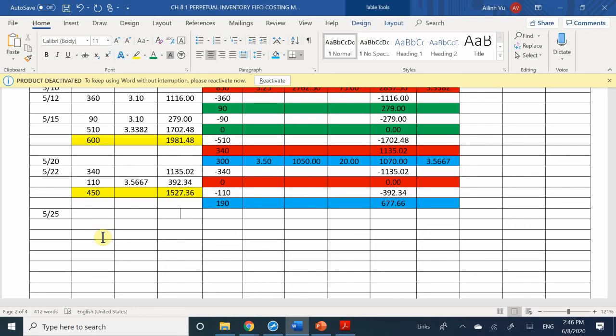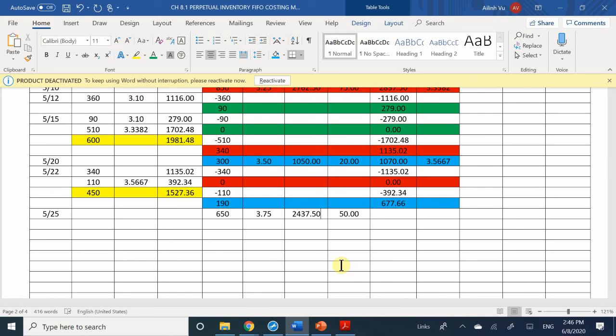Okay, we're skipping our cost of goods sold because we're focusing on purchasing. So we purchased how much? 650 at $3.75, and our freight was $50. And the purchase price is 2437.50.